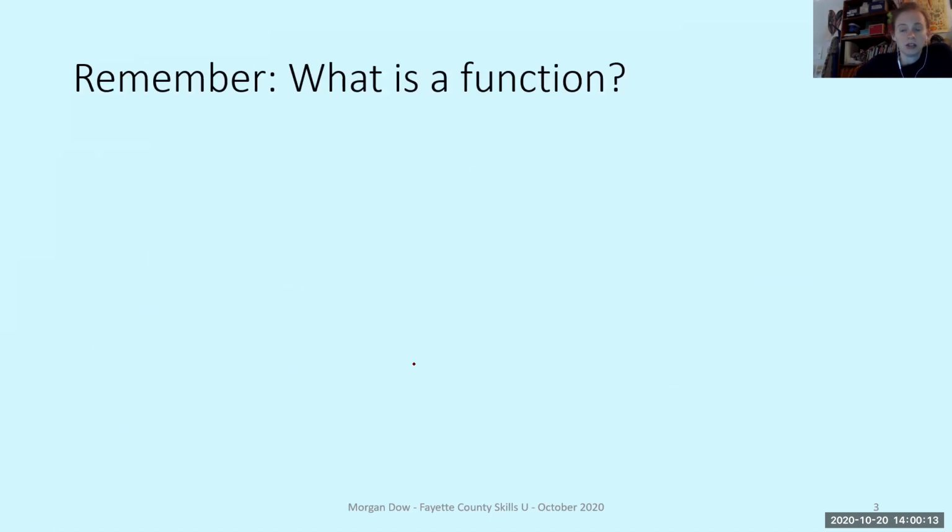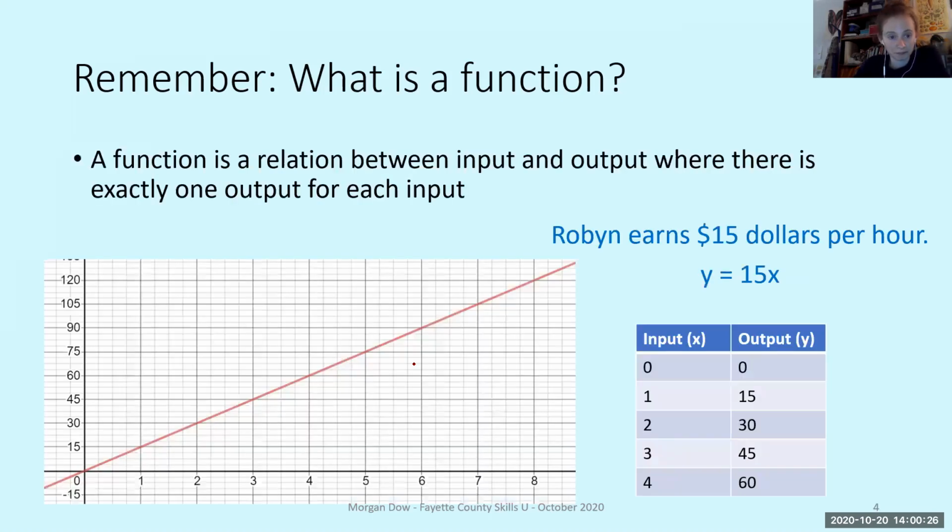All right, so we're going to do a little remembering from last week that we started doing with our warm-up problem. It's very important that as we discuss special types of functions that we keep in mind what is a function. So we want to remember that a function is this relationship between two variables. It's a relationship between input and output, where there is exactly one output for each input.